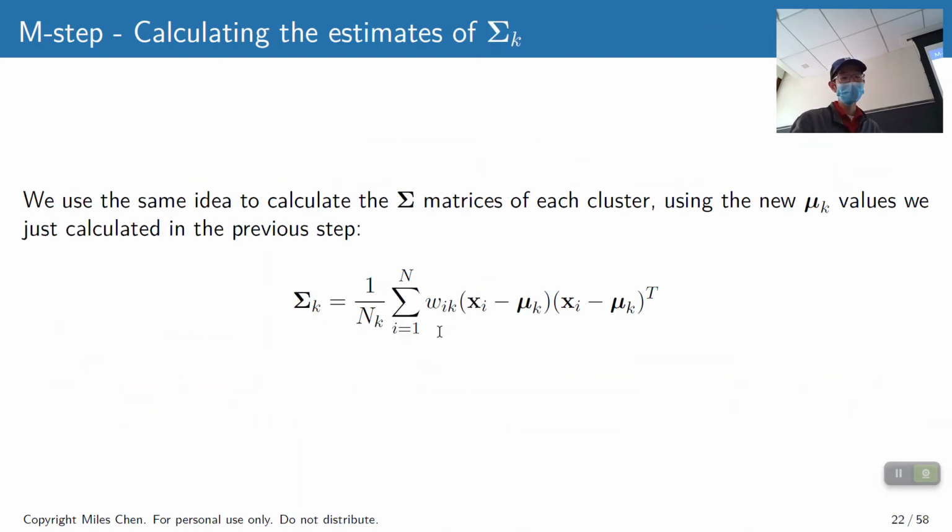Once we have the cluster's centroid, we do each point minus the mean times x minus the mean transpose. That's going to give us a 2 by 2 matrix. Then we multiply it by the membership weight w, sum all of those up and divide by nk, which is the sum of the weights. This gives us our weighted estimate of the sigma matrix.